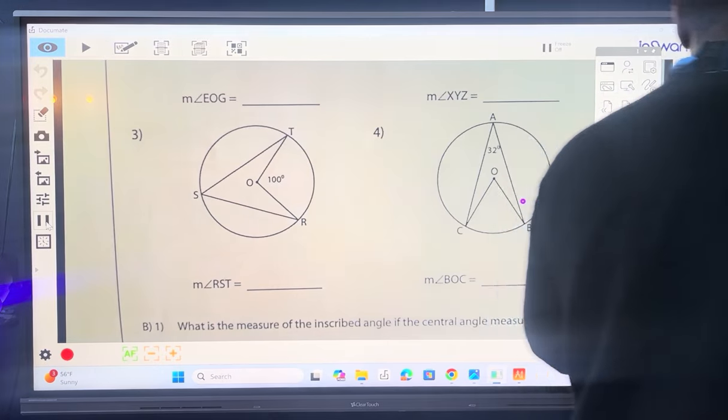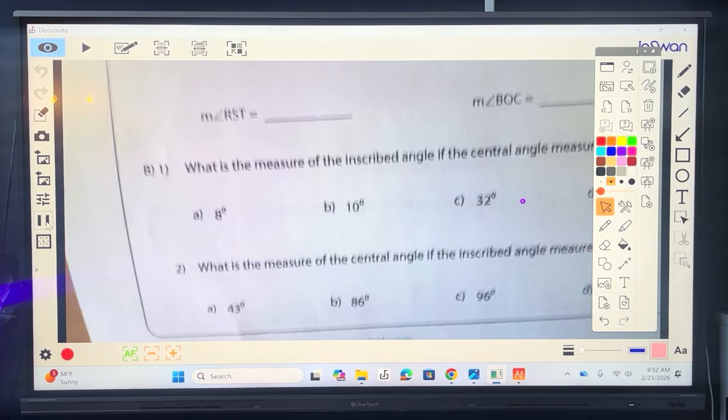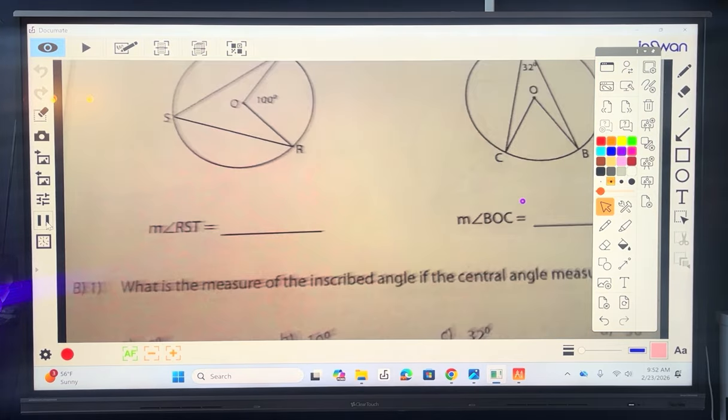All right. Last 2 simple ones. Then it's about to get crazy. Let's talk some word problems.